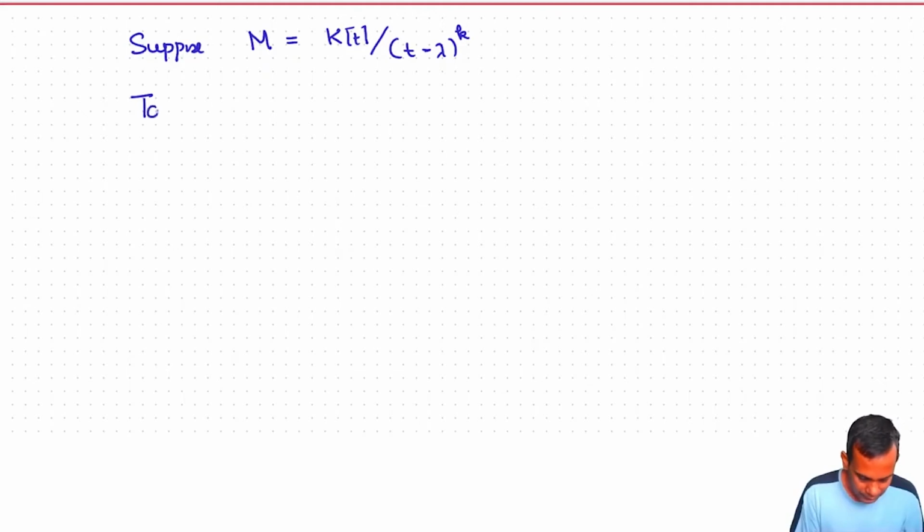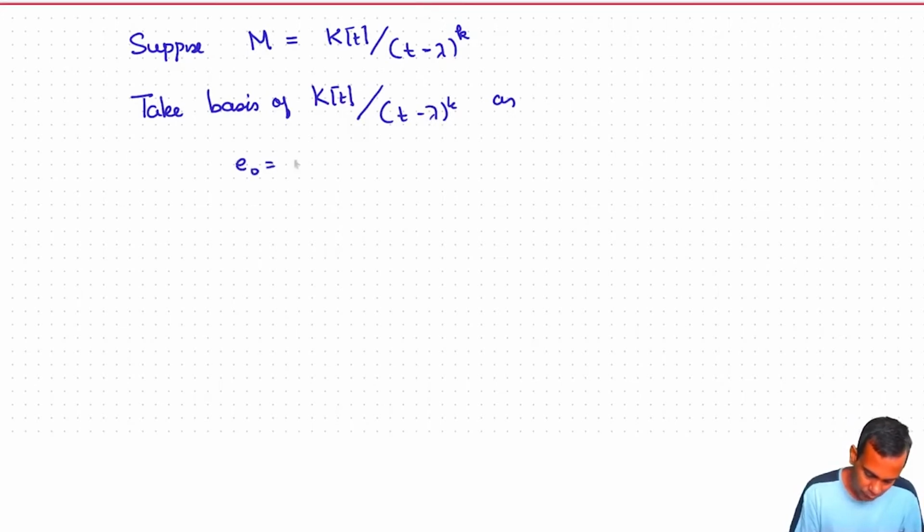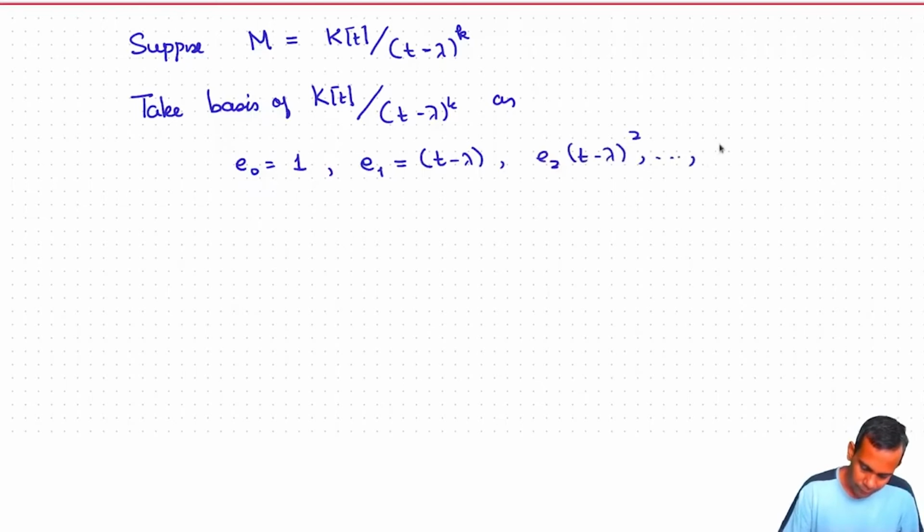So take a basis of K[T]/(T minus lambda)^k as e0 equals 1, the image of the polynomial 1 in this quotient, e1 equals T minus lambda, e2 equals (T minus lambda)^2, up to e_{k minus 1} equals (T minus lambda)^{k minus 1}.